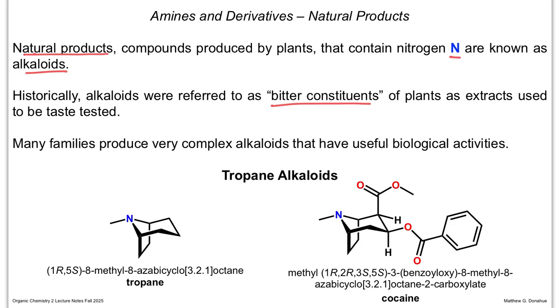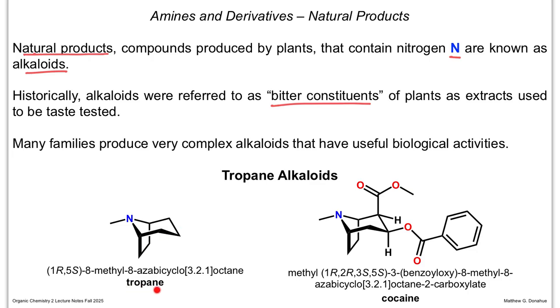So the reason nitrogen is special is because that bonding pattern of 3 sigma bonds, that lone pair, give it this pharmacological property that makes it bioactive, in the sense that when it's taken, it elicits some response in the body. So a class of alkaloids called the tropane have that substructure.